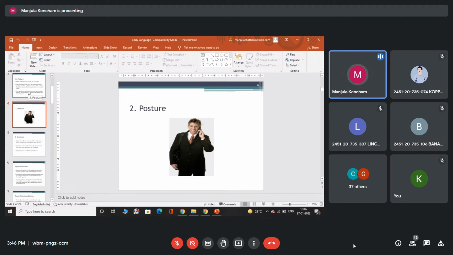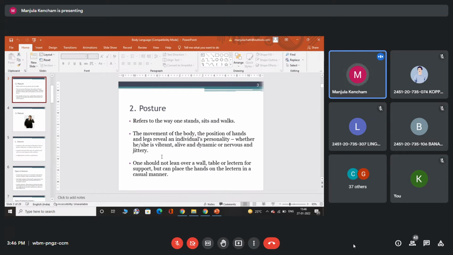So what is a posture? As I told you, how one sits, how one conducts himself or herself becomes something called a posture. What kind of posture do you consider as a very confident kind of personality? Confidence can be identified when somebody walks straight, is poised, very well balanced emotionally, and has proper eye contact with each and everyone.